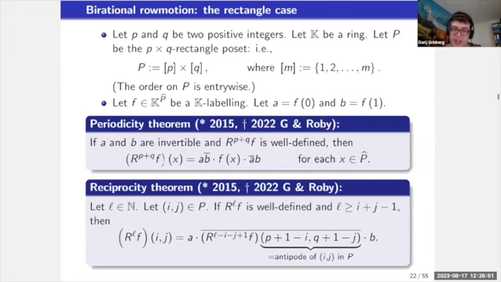Another claim will require a little bit more explanation. The first one says that the labels come back after P plus Q iterations of R. And this one claims that they actually come back a bit earlier, but they don't come back directly. Instead, their inverses come back.